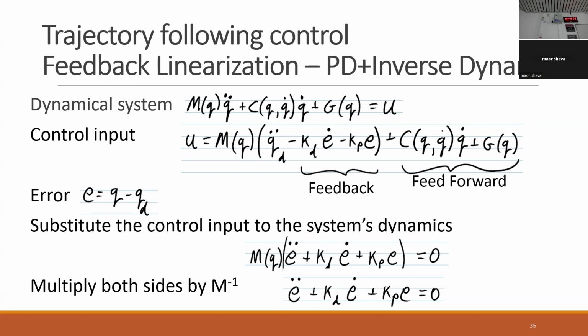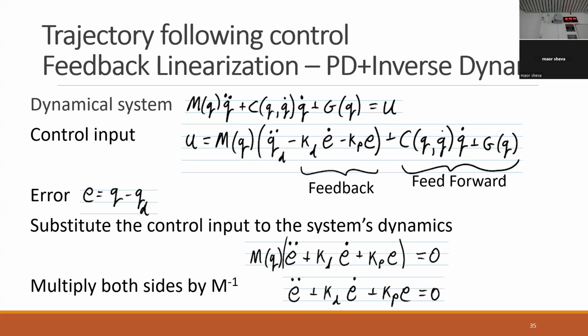And then I have those, and when I take this to the left side, I'll get plus KD e dot, plus KP e, transferred to the left side.